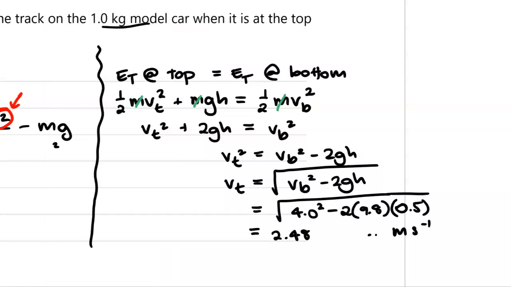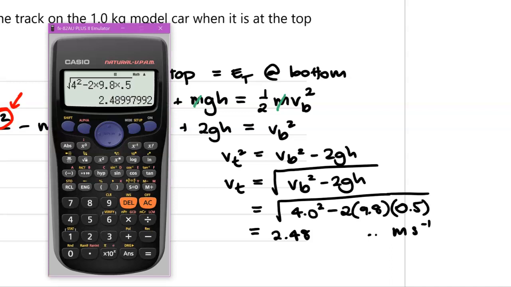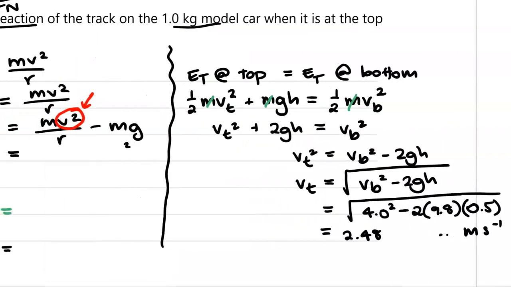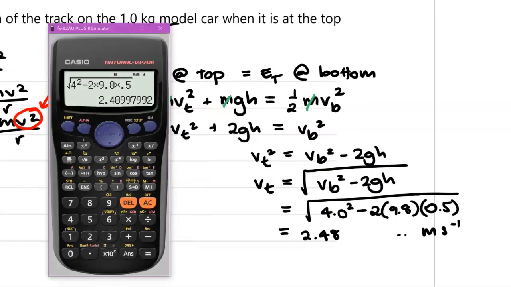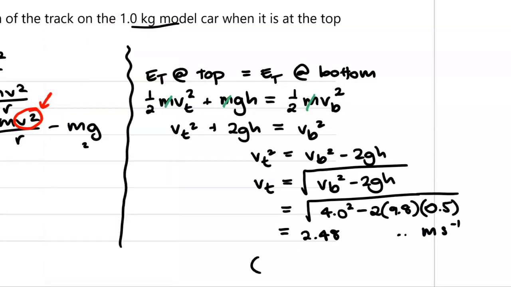meters per second. Now, what's actually interesting is the formula that we need on the left here is actually v squared. So if we wanted, we could have actually just found what v squared was. So vt squared is actually that 6.2.